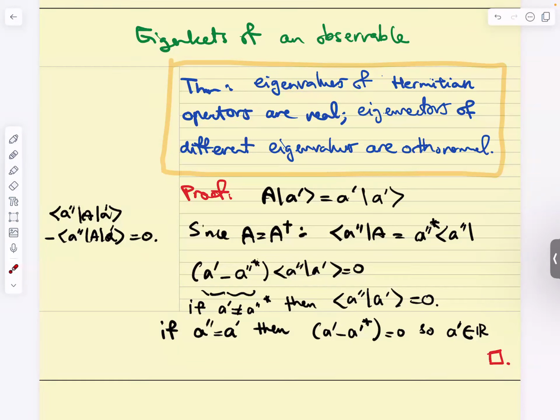The assumption I use is that the operator is non-degenerate, meaning that you can use this notation. It never happens that two inequivalent eigenvectors have the same eigenvalue. If that happens, this proof has to be done more carefully. We're going to come back to this at the end of this lecture. Good? Any questions?